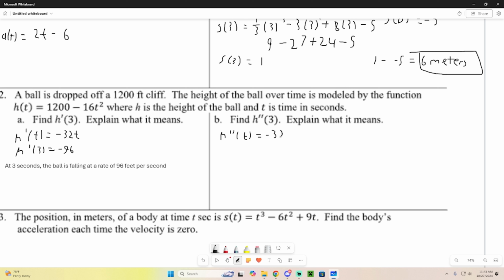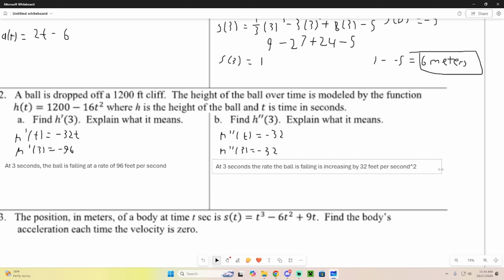So h double prime of 3 is also negative 32. So to explain what that means, at 3 seconds, the rate at which the ball is falling is increasing by 32 feet per second squared, because we're finding the rate of a rate of change. And that's our answer.